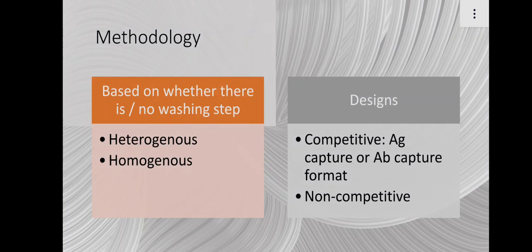So in those methods where there is a washing step, that is classified as a heterogeneous method. And where there is no washing step, where everything is in one pot, then that method is described as being homogeneous.